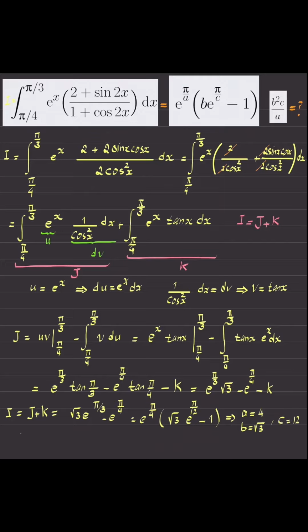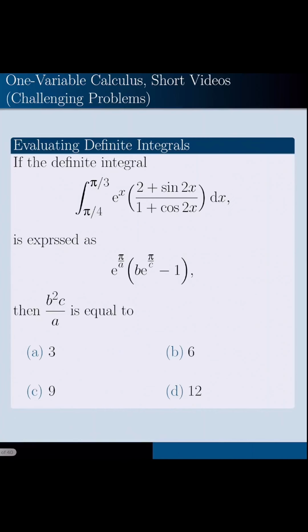But the question is b squared times c over a. b squared becomes 3 times c, which is 12, divided by 4. So this becomes 36 over 4, which is 9. So the answer to the problem is 9. So this means that option C is the correct answer to this problem.